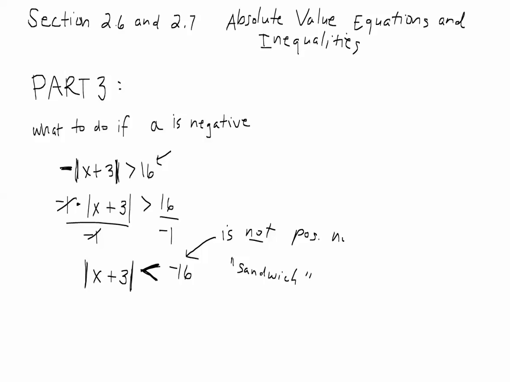Okay, this is when we have to go back to what I talked about in class about absolute value representing distance, or distance on the number line. What this problem says is that this number here represents distance. Distance is always positive.